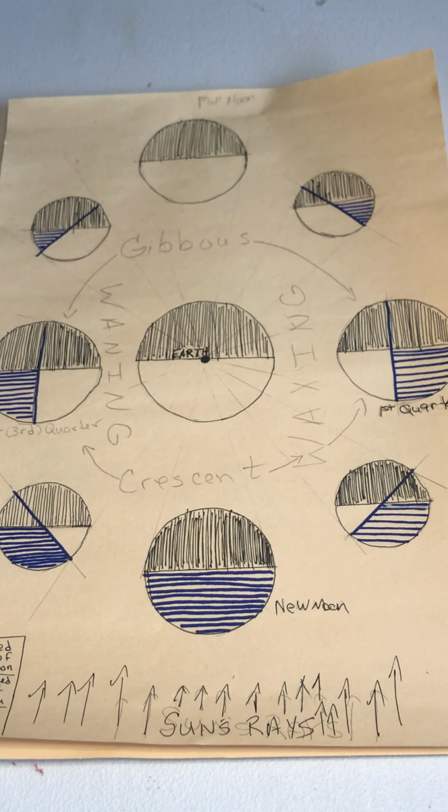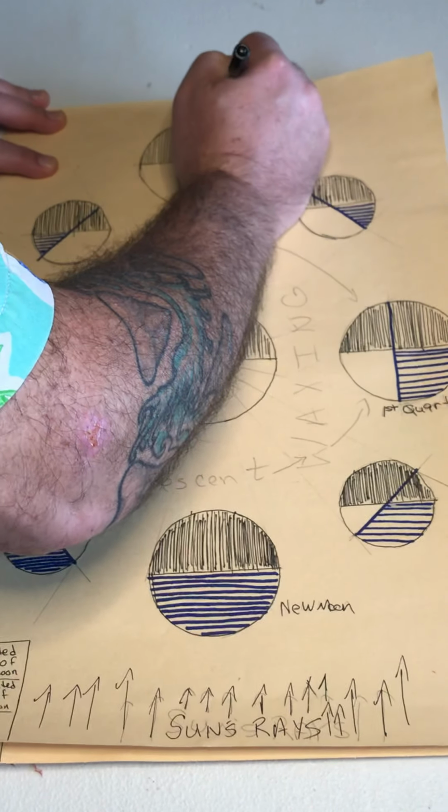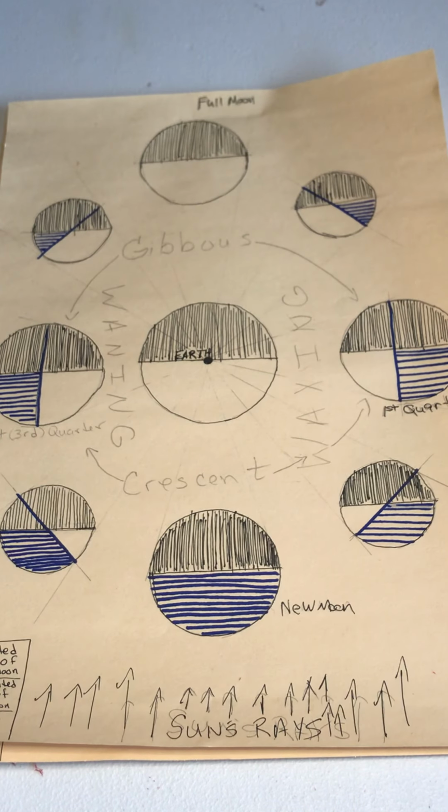And then about a week after that, 2 weeks after the new moon, we've got the full moon. And again, you can look up a full moon's exact time, the exact time that the moon will be full. And then next we have the last or the third quarter.